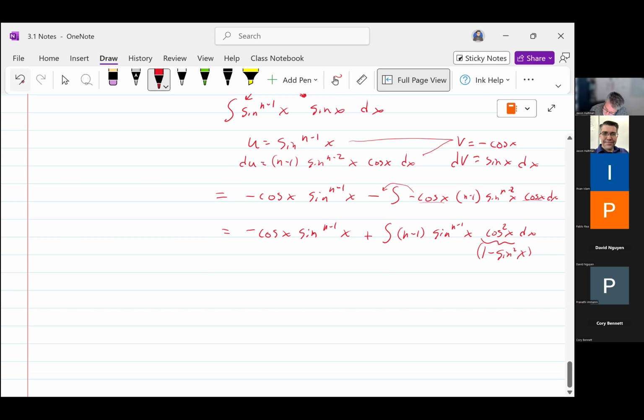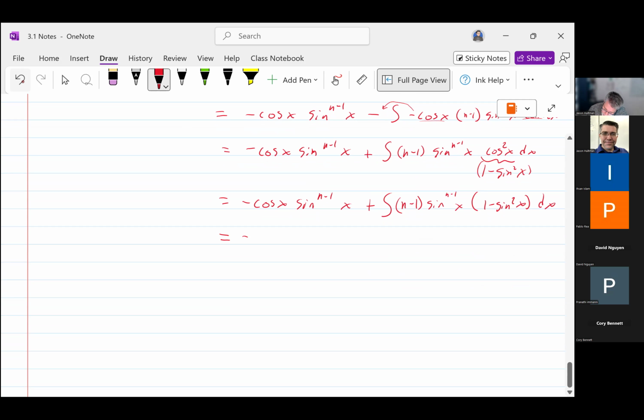So this is going to become negative cosine x sine to the n minus 1 of x plus the integral of n minus 1 times the sine of x to the n minus 1 power, times 1 minus sine squared x dx.